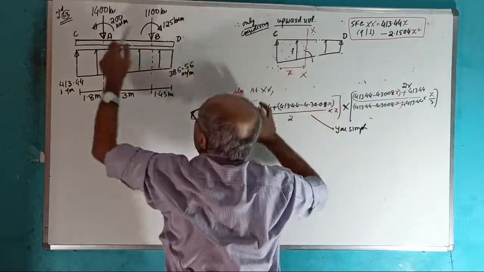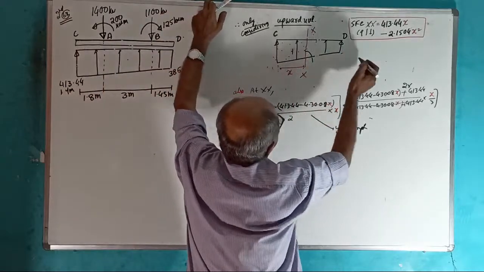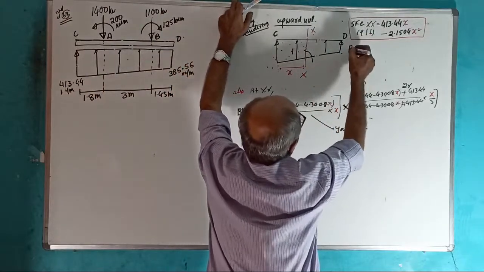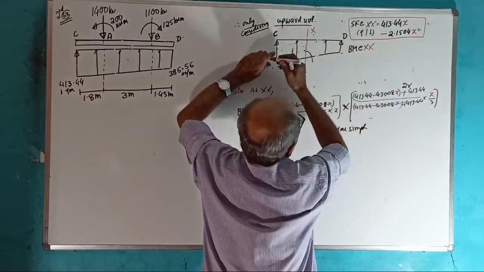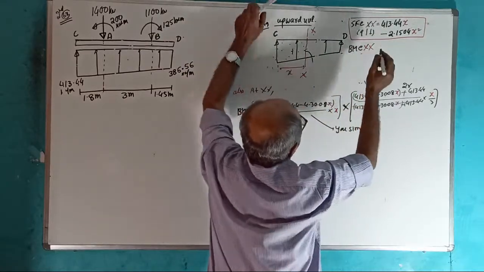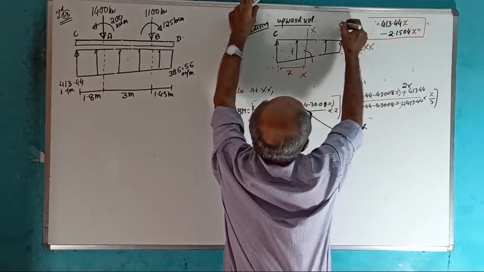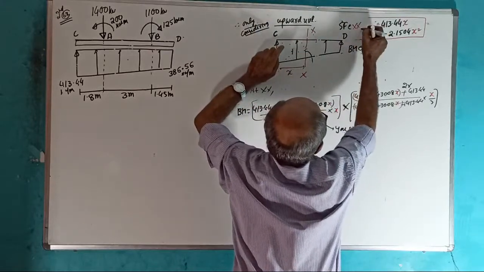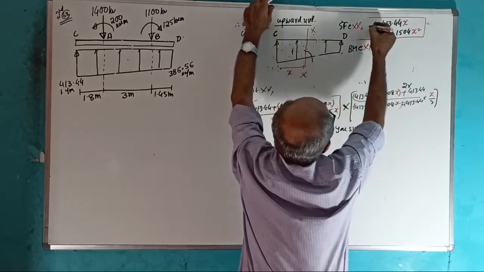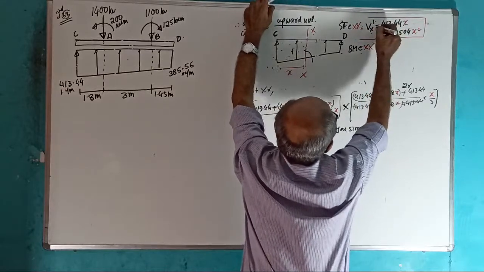Now remember, for the upward UVL, if you take a section at xx, shear force and bending moment at xx, only due to upward UVL. Sorry, I told something. Shear force at xx, it is not the real shear force, so I will call it V dash x.